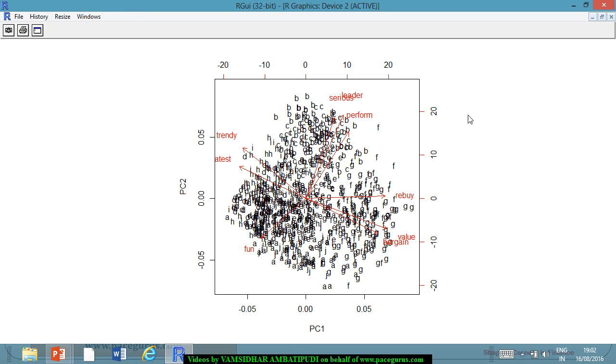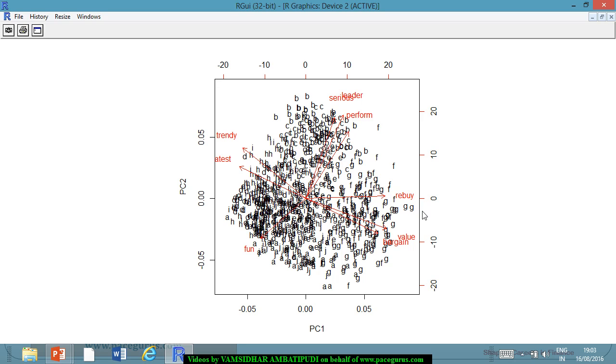If I explore this biplot a little bit more, I could see that fun is in one dimension towards one side. Rebuy, value and bargain are very close to each other. Latest and trendy are in one dimension. Serious, leader and performance are in one dimension, and probably rebuy is in one more dimension.